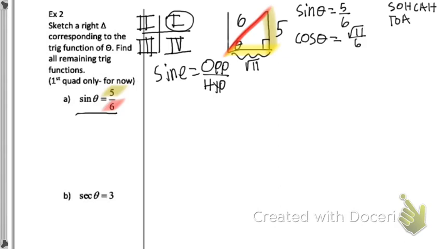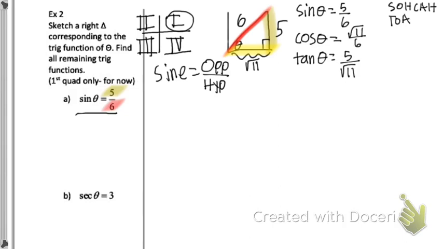Now the other trig function is tangent. From SOH CAH TOA, TOA, tangent equals opposite over adjacent. So tangent of theta will be 5 over square root of 11.